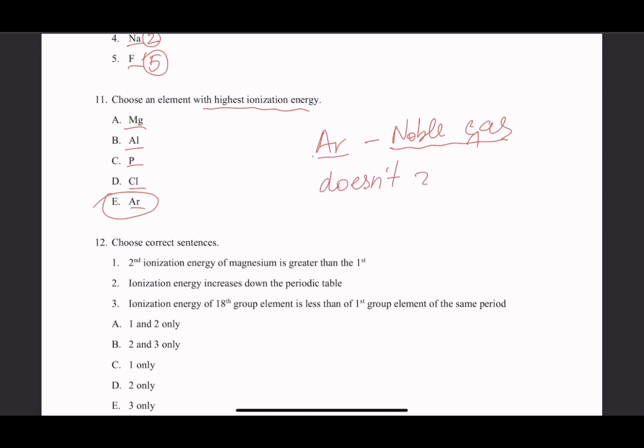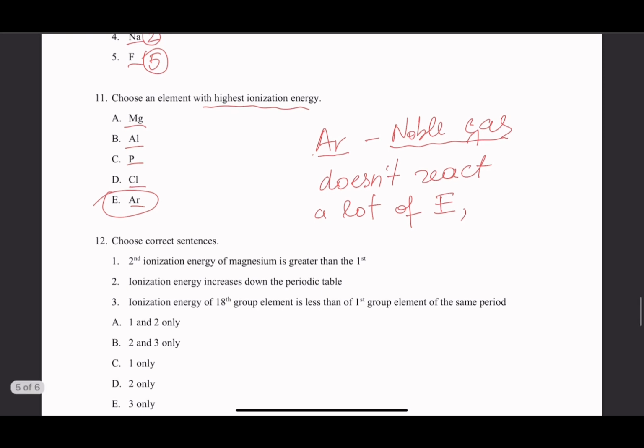It's very stable. You need a lot of energy to ionize it, to make it lose an electron, because all of the orbitals are full. They're all full, and it doesn't want to lose any of its electrons. That's why you need a lot of energy to make argon react.